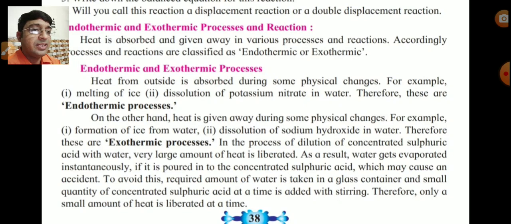To avoid this, the required amount of water is taken in a glass container and a small quantity of concentrated sulfuric acid at a time is added with stirring. Therefore, only a small amount of heat is liberated at a time. So remember this thing.